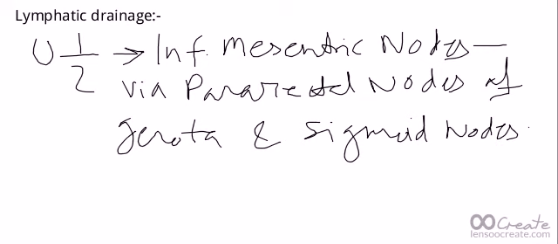Okay, so the lymphatic drainage from the upper half of the rectum is into the inferior mesenteric nodes via pararectal nodes of Gerota and sigmoid nodes, and the lymphatic drainage from the lower half of the rectum is into the internal iliac nodes.